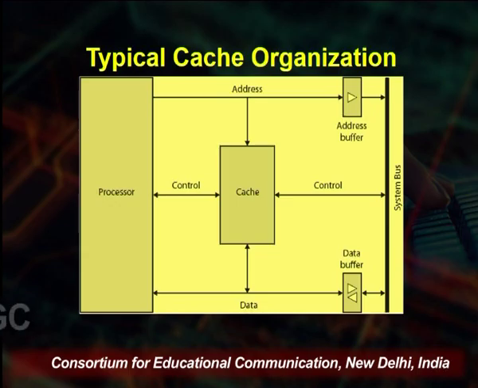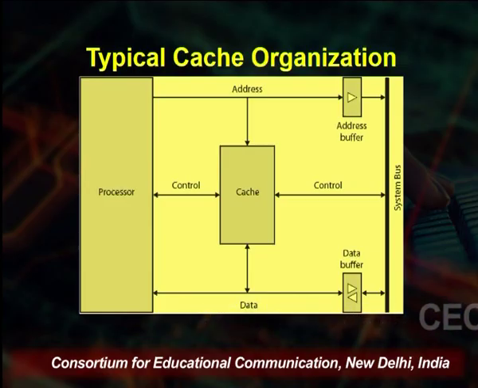The typical cache organization. This is the exact way the cache is positioned between the processor and the main memory. The cache is connected with the processor with buses: an address bus, a control bus and a data bus. There is activity happening between all three, yet when data is being looked up, there is a connection between the cache and the processor through the control bus.